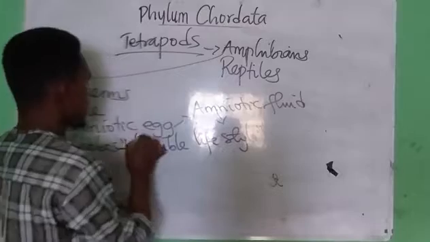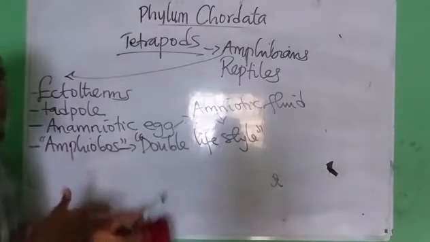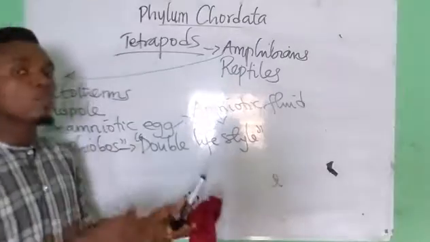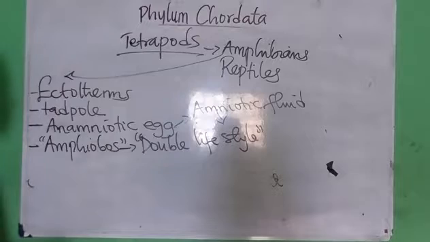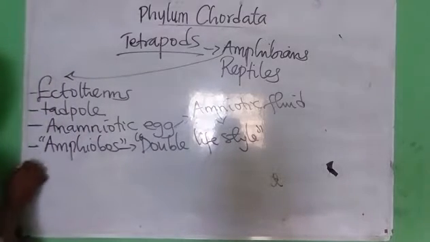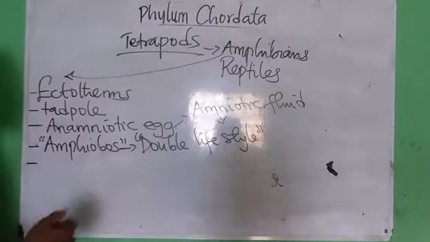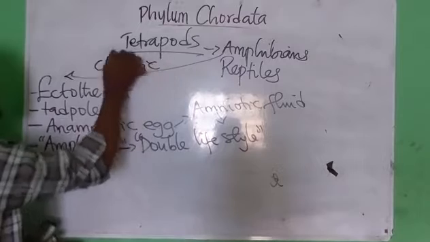That is, they can live in water and moist land. Amphibious: double lifestyle. Now, these guys, I said they have an amniotic egg, unlike the reptiles, which have a cleidoic egg.